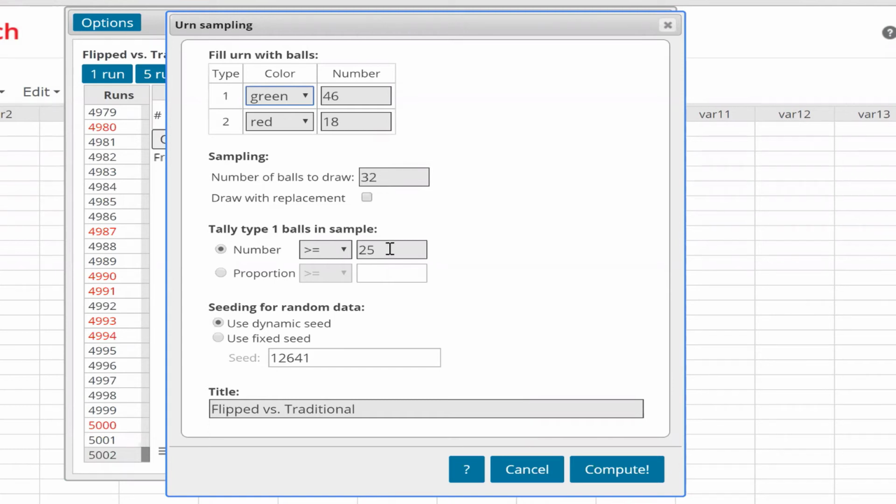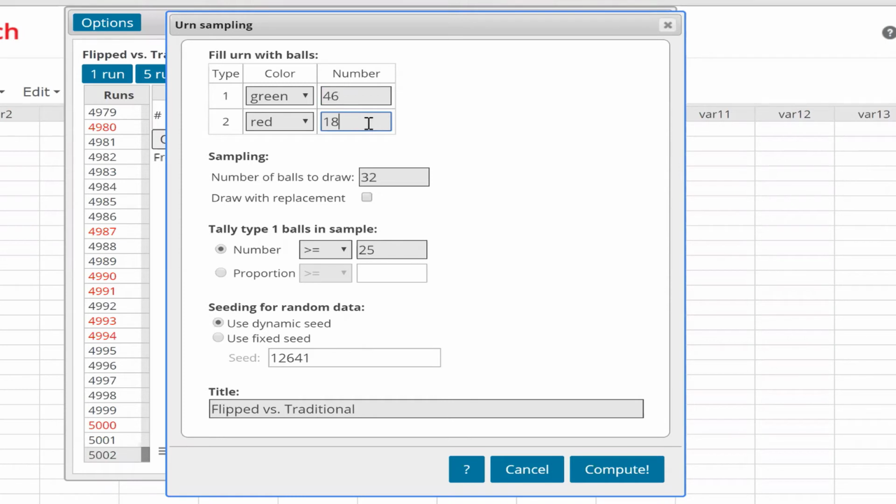And then we said, how often did we get 25 or more passing when we randomly selected 32 balls? Notice that these 46 students were passing whether I randomly picked them or not. And these 18 students down here were not passing whether I randomly picked them or not.